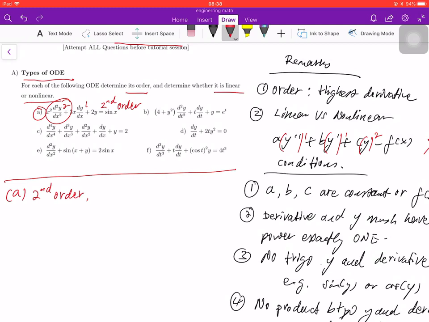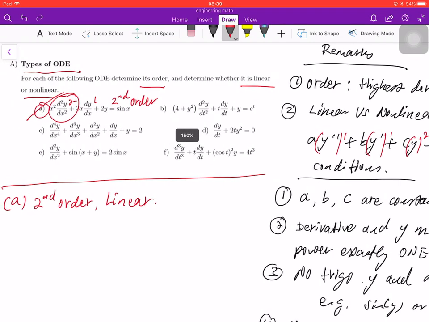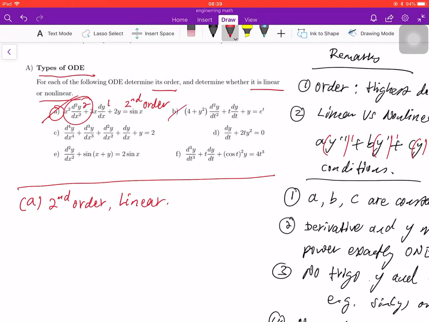Now we see the derivative and unknown function have a power of 1, so this is a linear differential equation. Now we see question B. The highest order in this differential equation is 2, so it's second order.